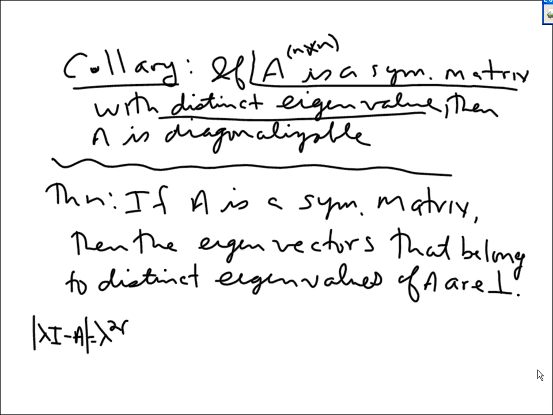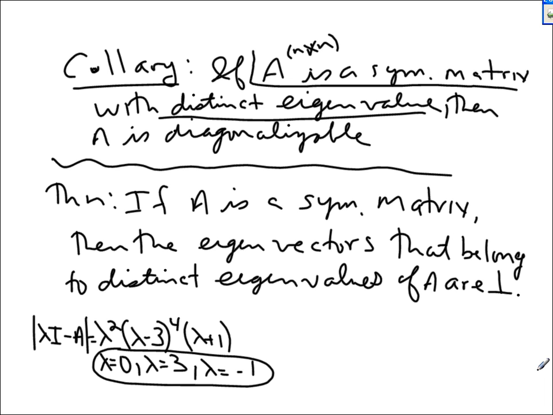That means if the determinant of lambda I minus A is equal to lambda squared times lambda minus 3 to the 4th power times lambda plus 1, the distinct lambdas are 0, 3, which came up 4 times, and negative 1. Find the eigenvectors associated with these 3 distinct eigenvalues.